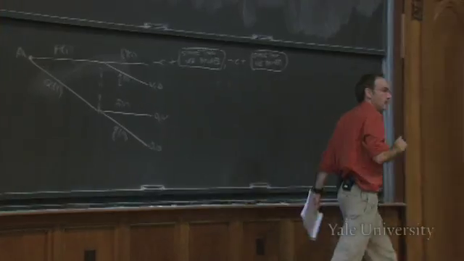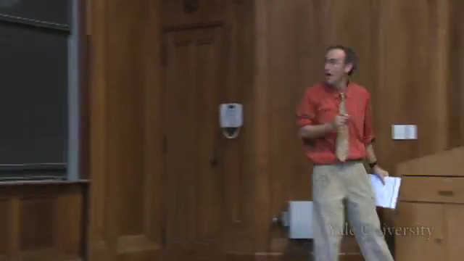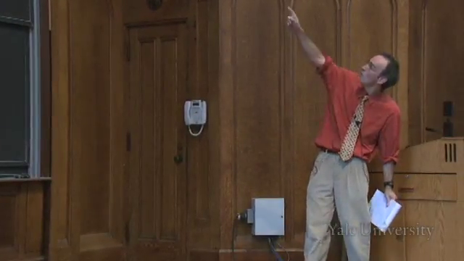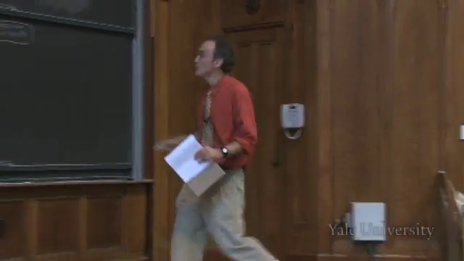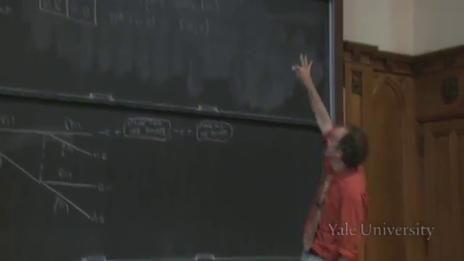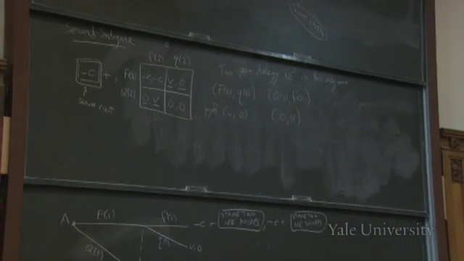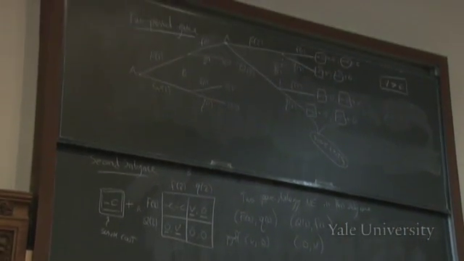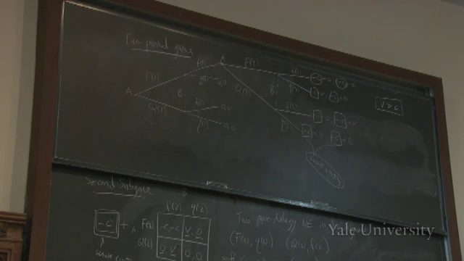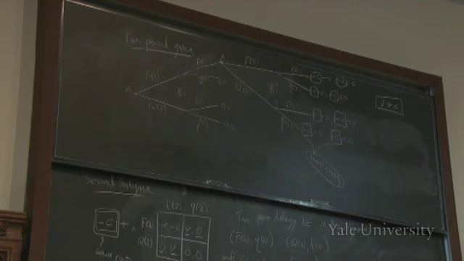for player B. Just to understand what I've written here: I've got the same payoffs as before, but I've replaced that enormous thing that was the second stage of the game with the payoffs that we know we're going to get in the second stage if we play Nash equilibrium in the second stage.